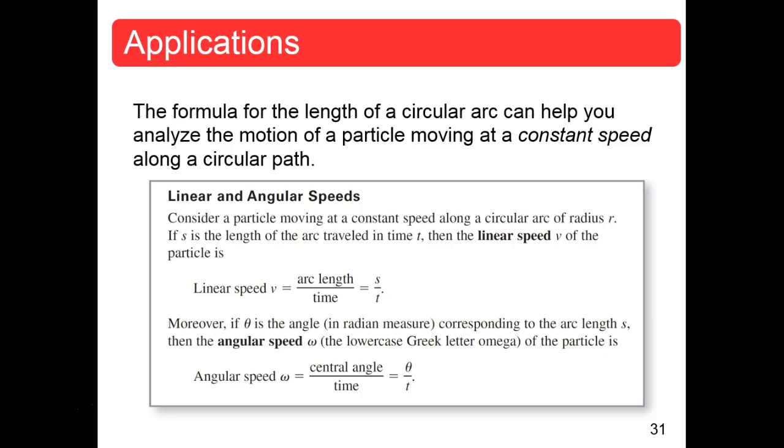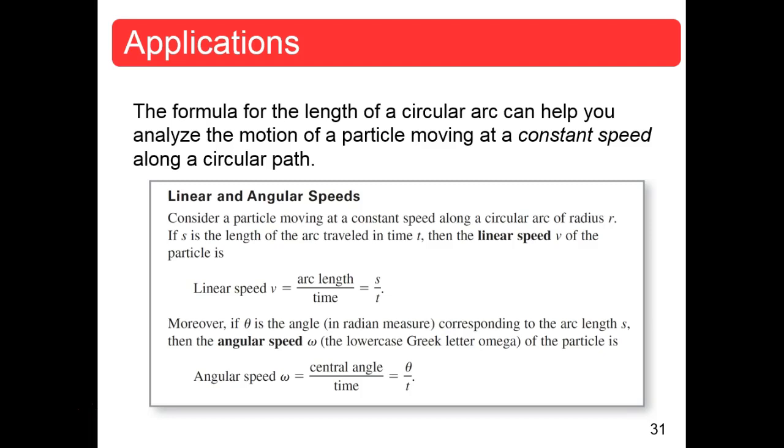And again, that would be inches per second, meters per minute, whatever it happens to be. Moreover, if theta is the angle that it's doing, guess what? In radian measure, just about every formula we will have will assume the angle is in radians. Okay?